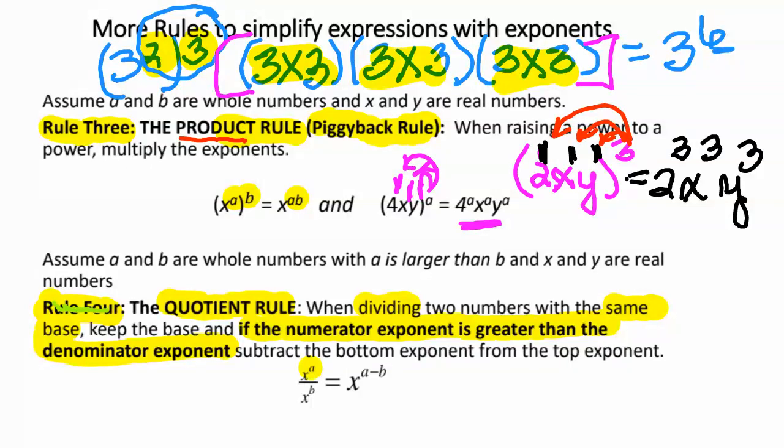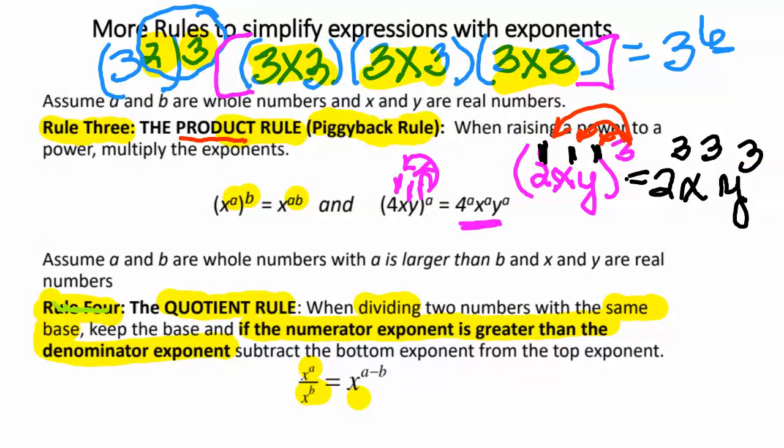If A is bigger than B, I'm going to keep that X, because X is the base of both the power of A and the power of B, and I'm going to subtract them. And then I'm going to get X to the A minus B.